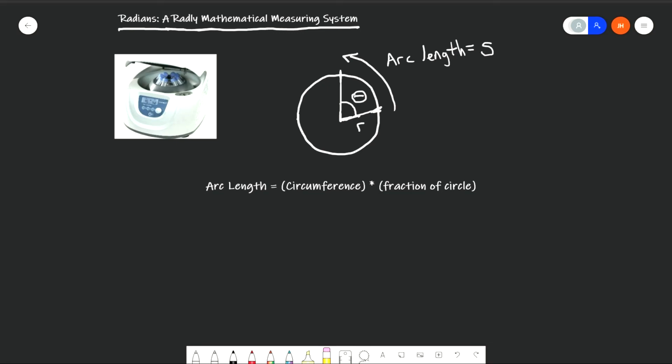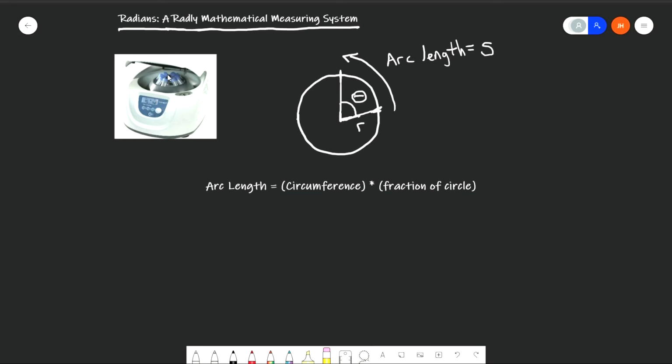One common application when working with angles is looking at things like arc length. So why do physicists care about arc length? Well, it's an essential thing to be able to calculate when you're working with circular motion. One particular example where we might see circular motion is in a centrifuge, which is what I have pictured here.